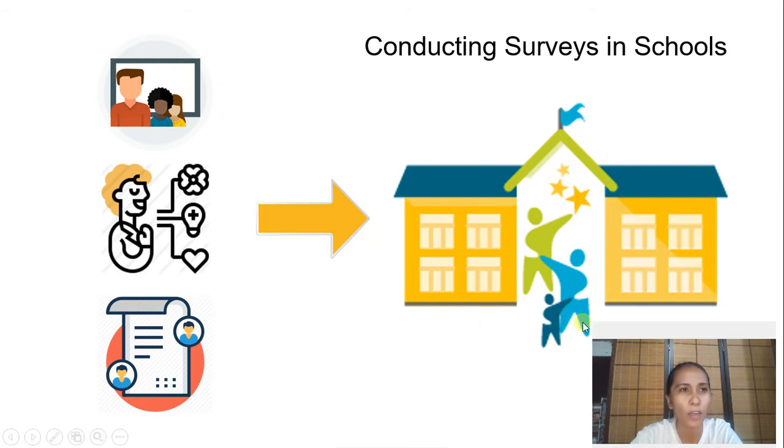We want to improve the teaching and learning process in schools. The reason why we're doing surveys, the reason why we're doing researches, the reason why we are asking students, teachers, stakeholders for their feedback, is because we want to improve what we are offering. We want to improve our processes. We want to improve our systems. So that would always be our reason why we are conducting surveys, questionnaires, and researches in our schools.